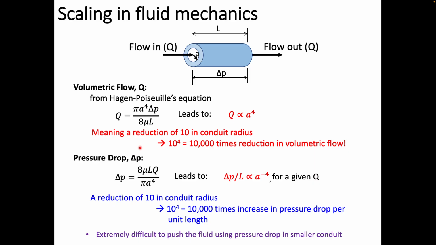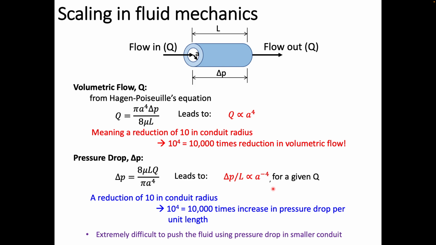This pressure drop per unit length is proportional to a to the power of negative 4. So as we reduce the conduit radius by 10 times, the pressure drop increases by 10,000 times. So what does it mean? Basically, as we make a smaller pipe, the pressure drop significantly increases.